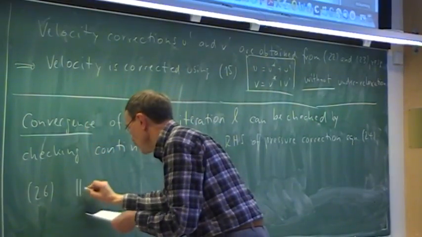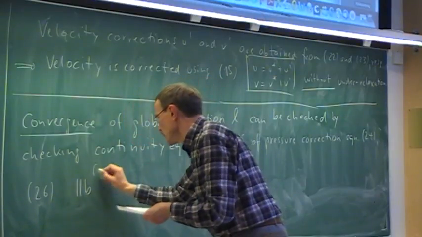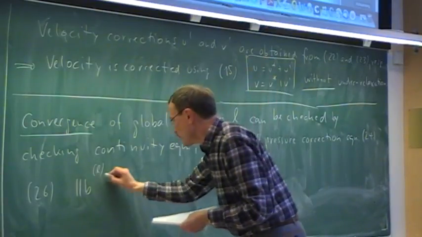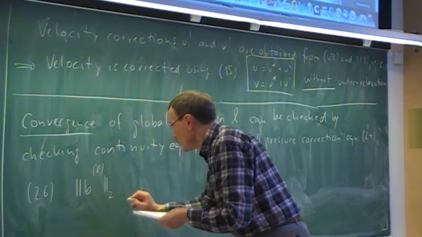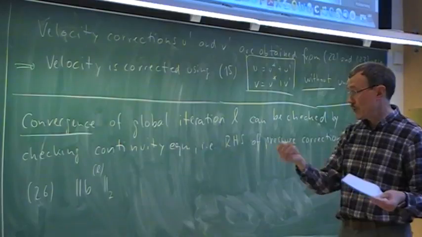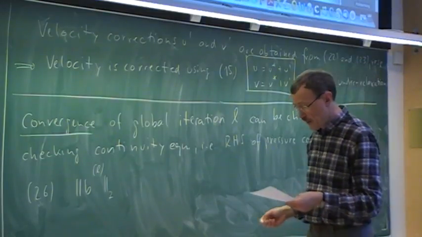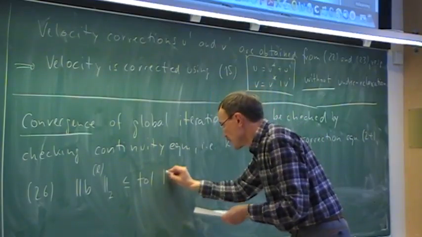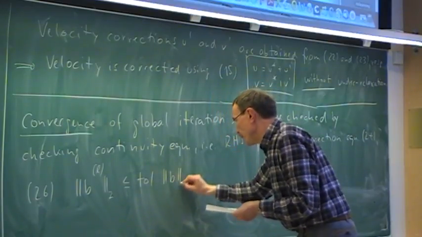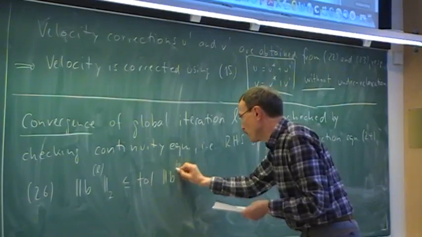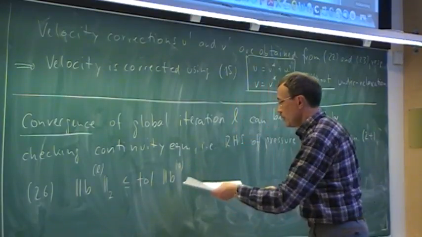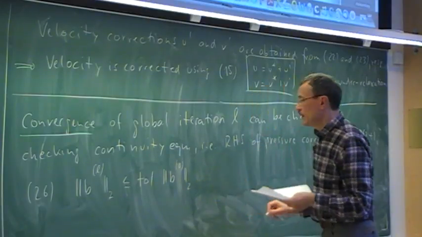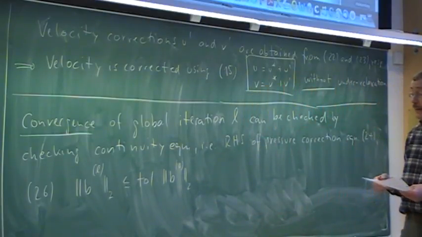So that was the B, and we write this at the iteration level L that we are just at. We could check the 2-norm that we have been doing also now for the current exercise, and check that with respect to some tolerance of how well the continuity equation is fulfilled with the initial guess.